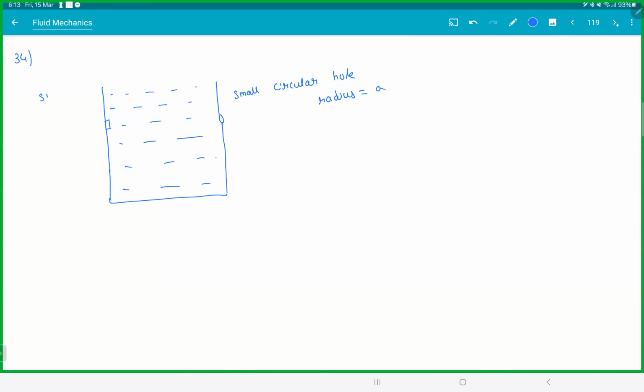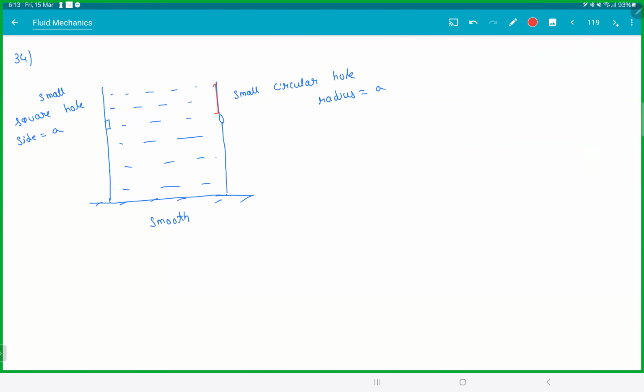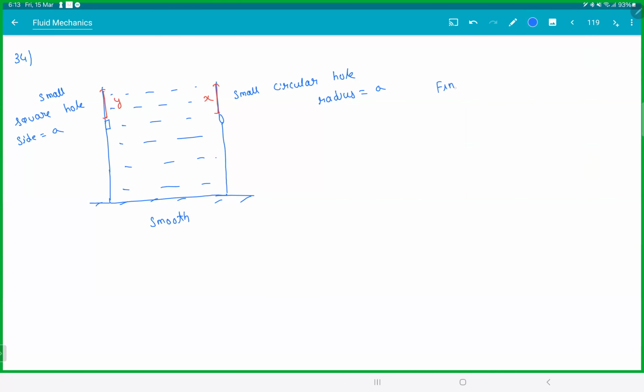Radius a. This is a small square hole, side a. This whole setup is placed on smooth ground. This hole is at a distance of x. This hole is at a distance of y. Find x by y if the container has zero acceleration initially.